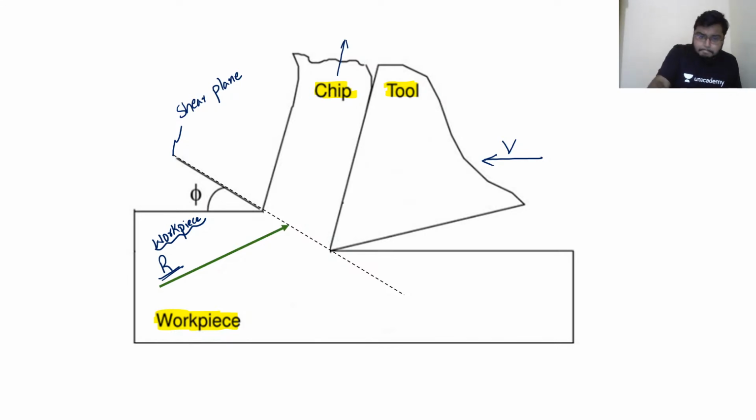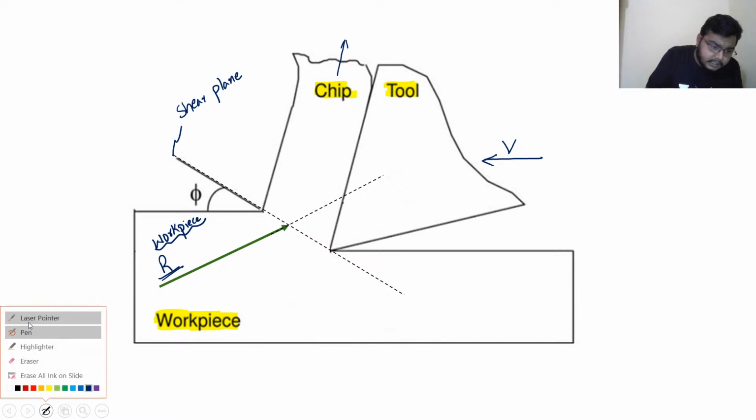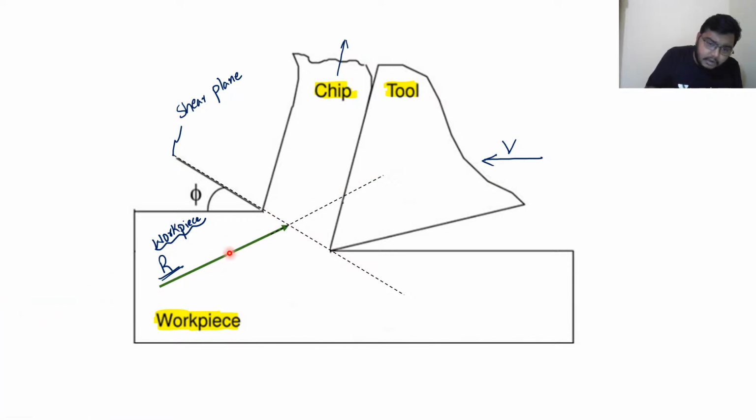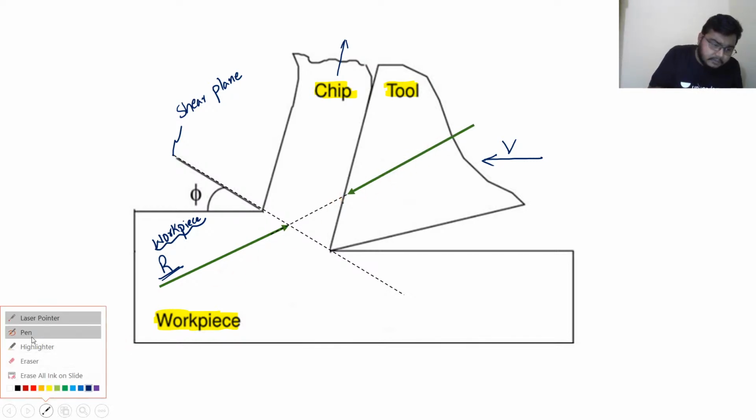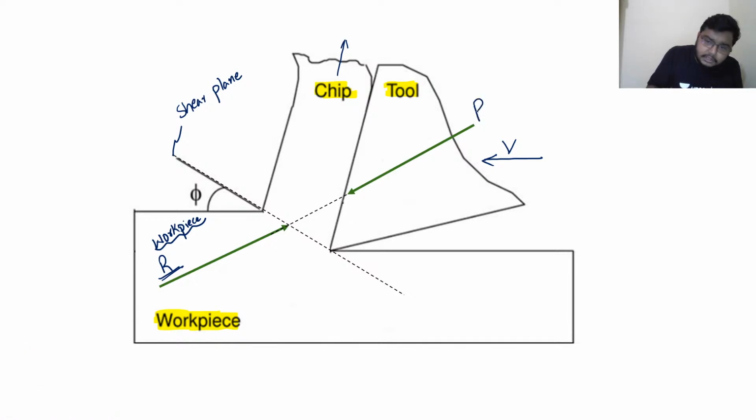Now see, the tool will also give a reaction. The tool will also try to move that chip from the workpiece, correct? So for that, this is the line of action of R, and in the same line of action, another resultant reaction force is acting, and that is denoted by R dash.